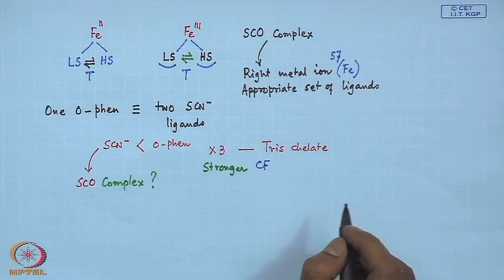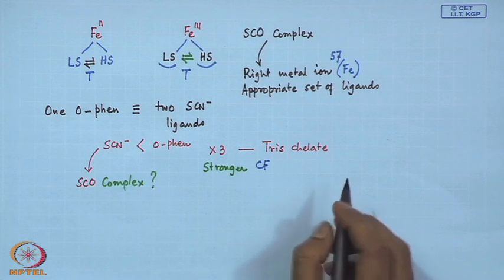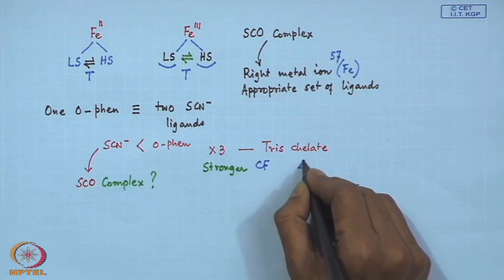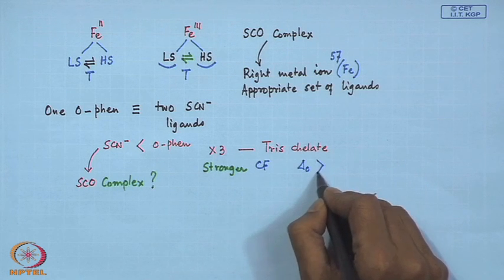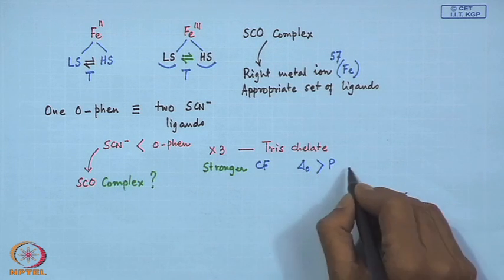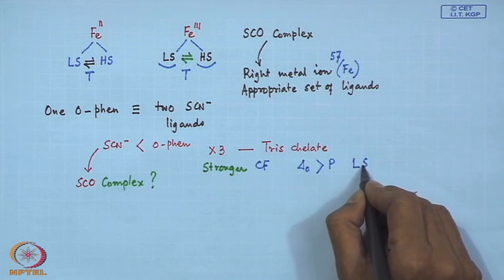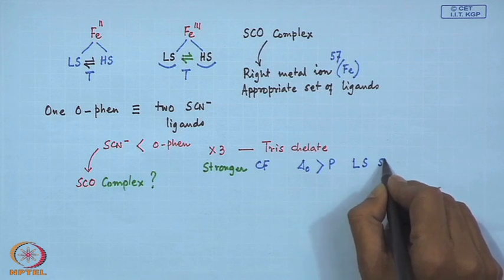In this stronger crystal field, we have delta octahedron greater than P, and we end up with a low spin situation.